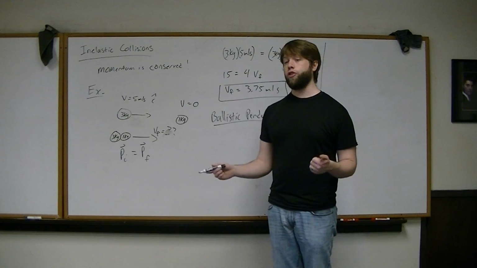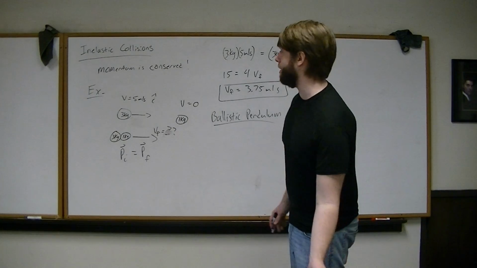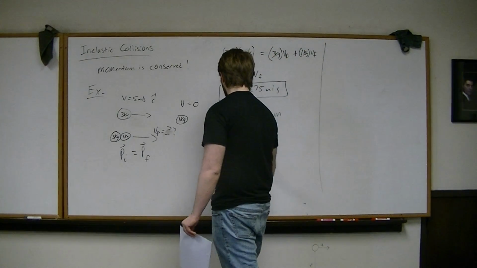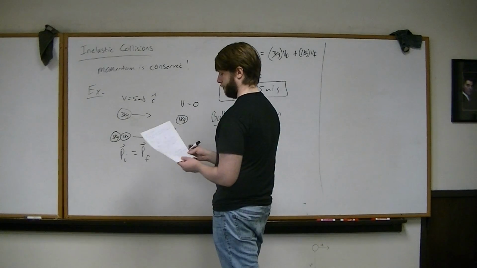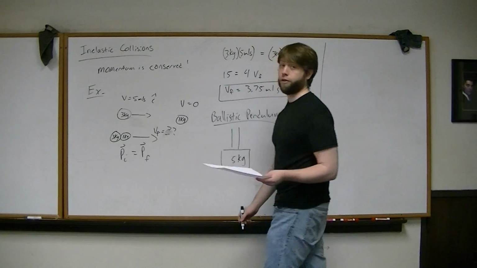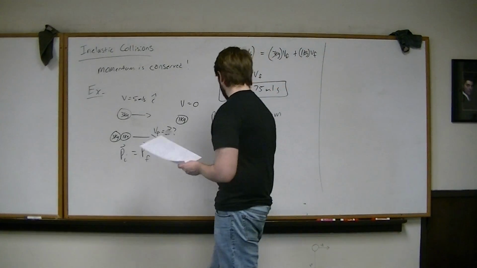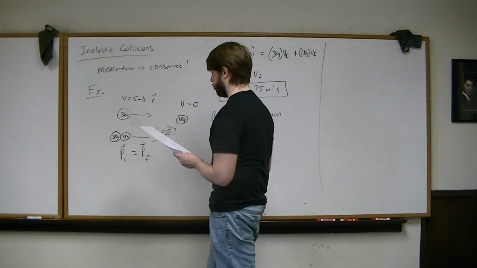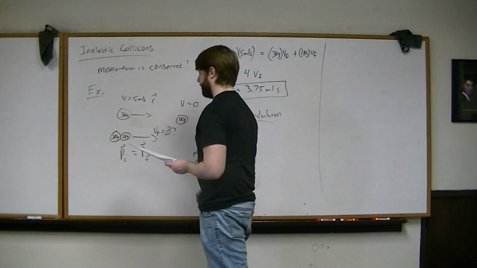So instead, what they used to do is set up this really funky looking apparatus. They'd have a block hanging from some string, and in our case the block is 5 kilograms. The bullet is going to be fired, and it's going to come in and strike the 5 kilogram block.